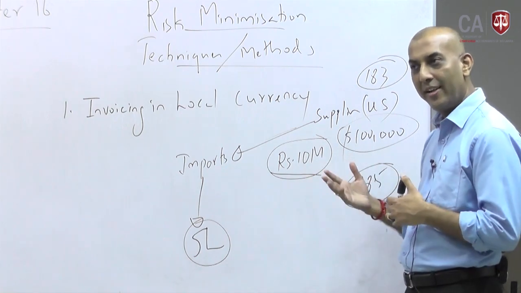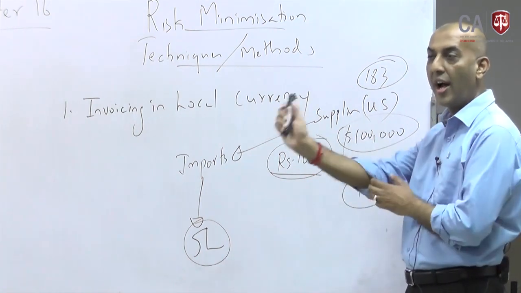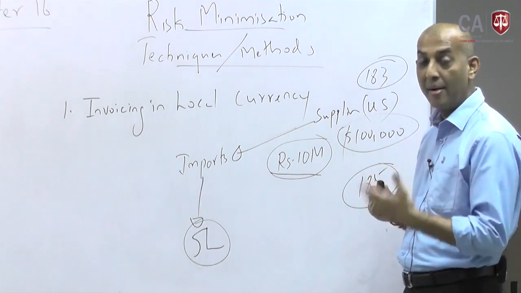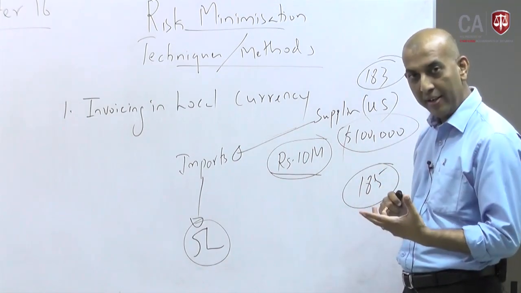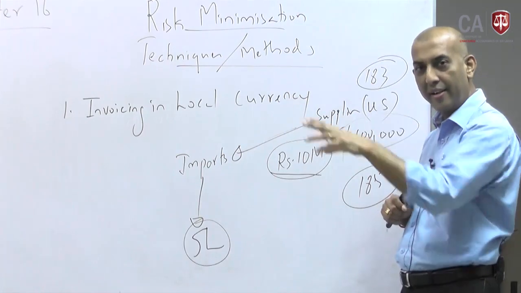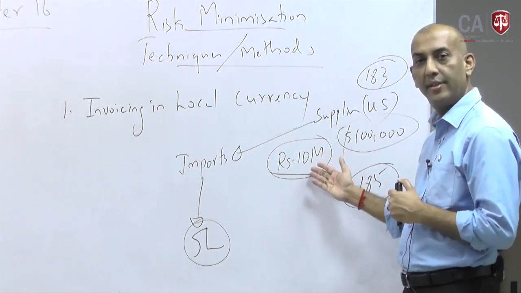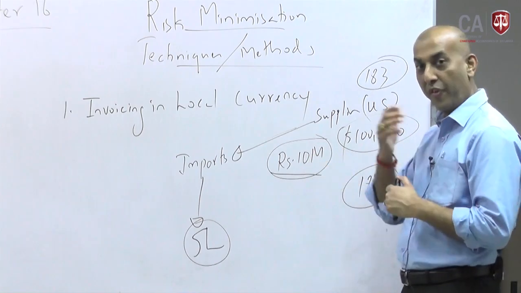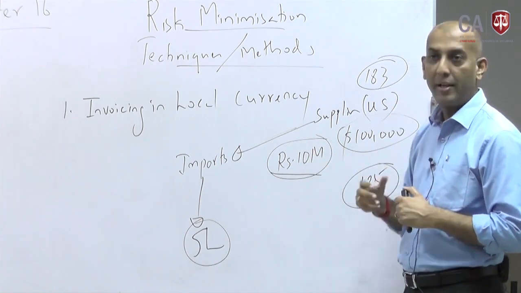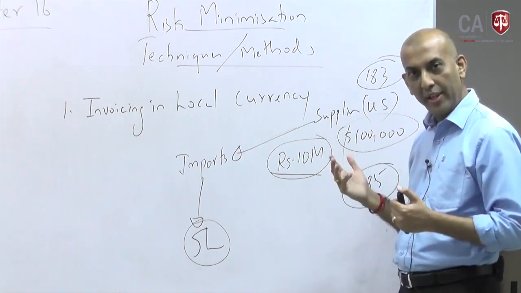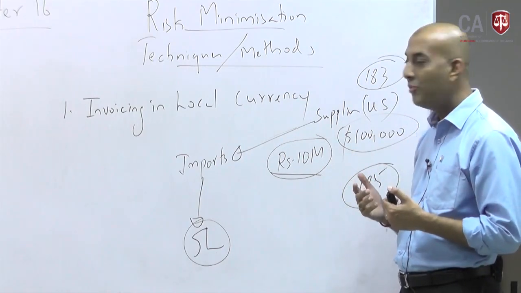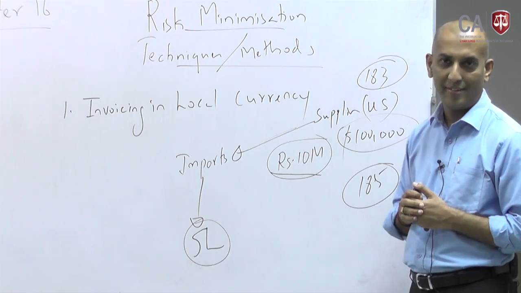On the other hand, if you are talking about a country where a Sri Lankan company can have more bargaining power, then you can tell, for example, X country, please invoice me in rupees. They will agree, if you are the one with bargaining power. But with the US, you can't tell them to invoice in rupees because they are not going to agree.